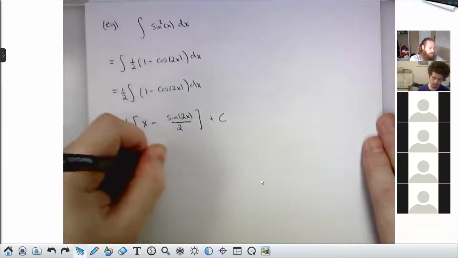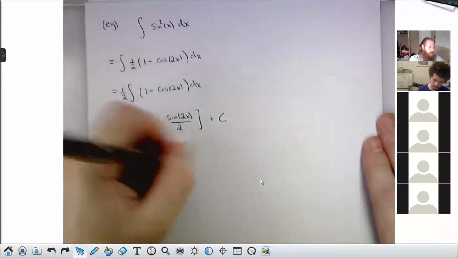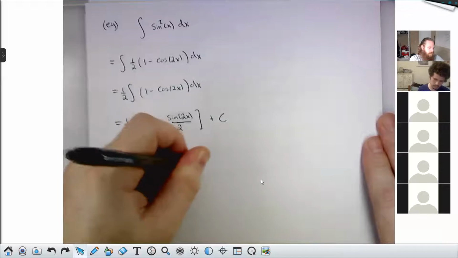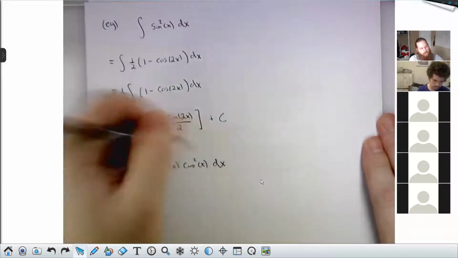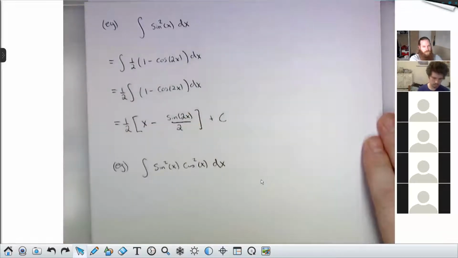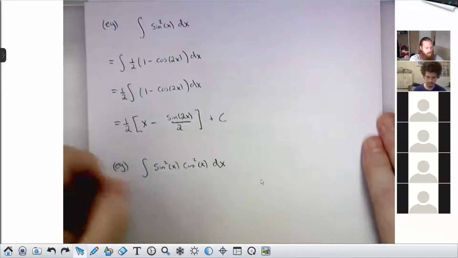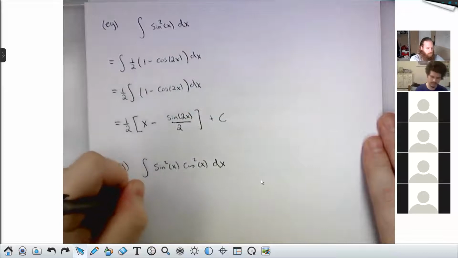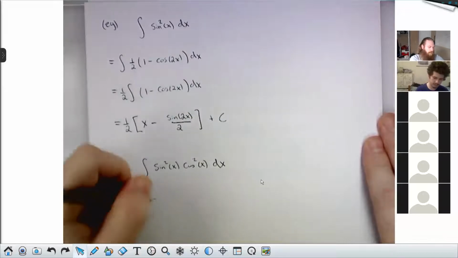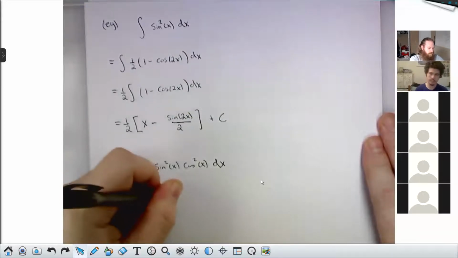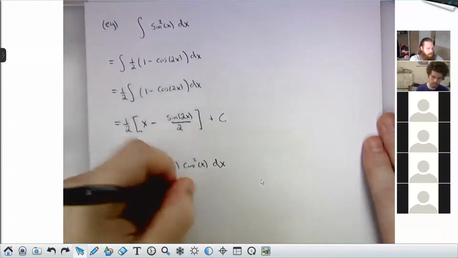So what about sine squared times cos squared? Well, it turns out it's the same thing. Sine squared, I'll replace by 1/2 times 1 minus cosine of 2x, using the half angle identity for it.